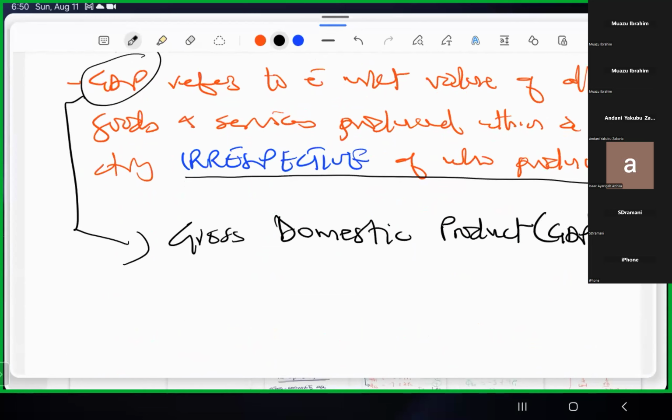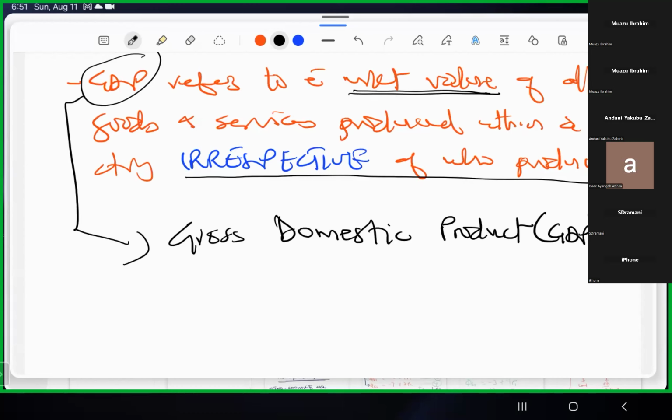So whatever is being produced in Ghana, we look at the market value of what is produced in Ghana, and then we sum all of them to get what is called the gross domestic product. So all the production that we do, goods, and all the services that we also offer are all counted as part of our GDP.